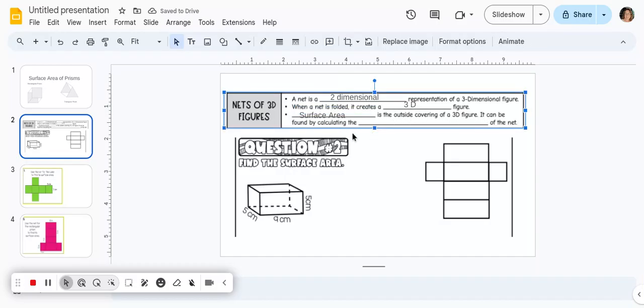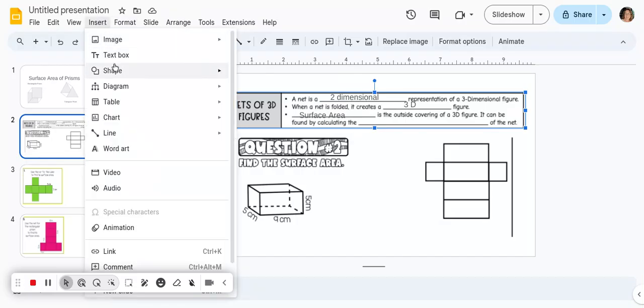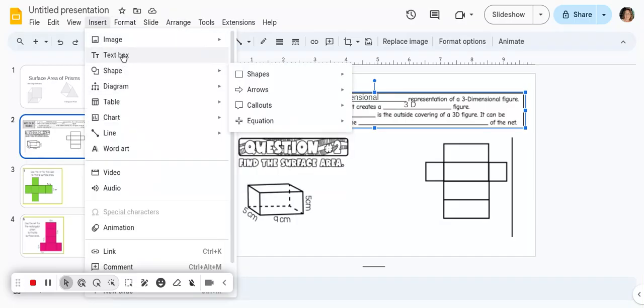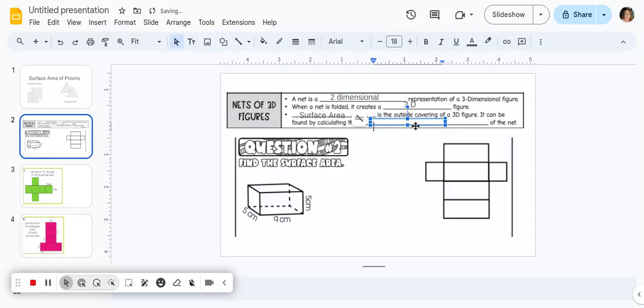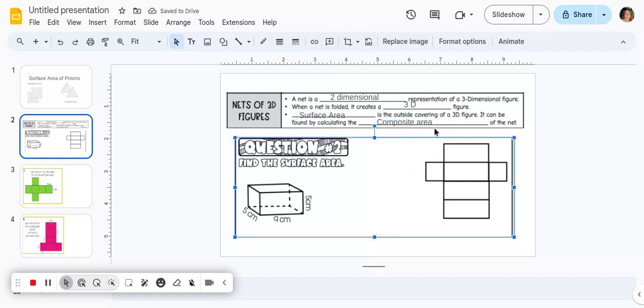It can be found by calculating the composite area of the net. Again, last week we talked about composite areas.